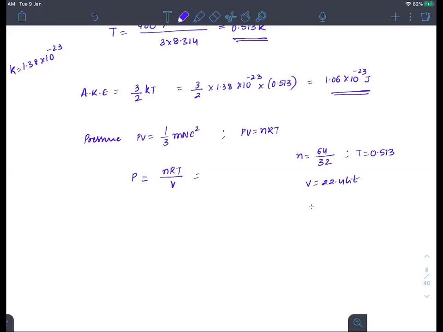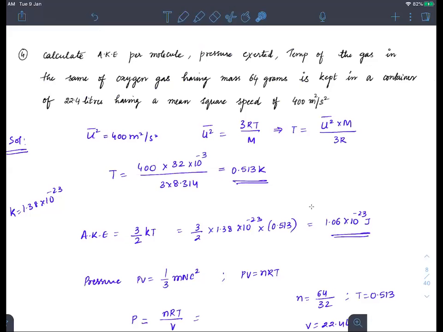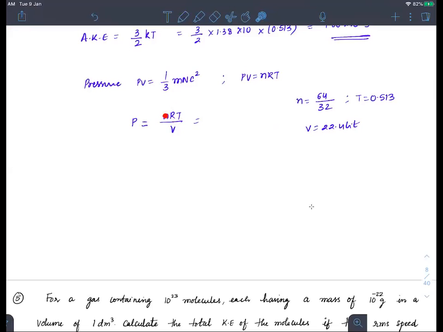Check this, I want the answer in atm. Pressure I want in atm units. Then what should be the R taken? The R we should take as 0.0821. So depending upon what is our need, accordingly you use the units.